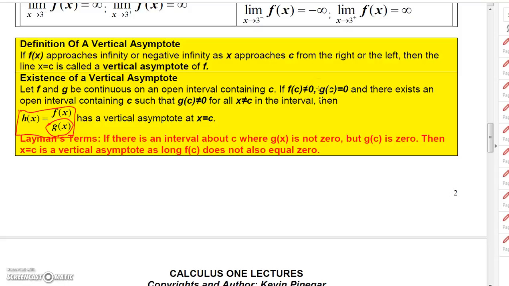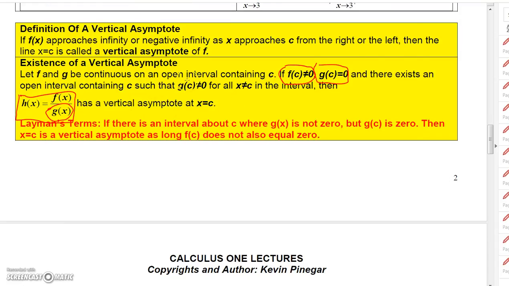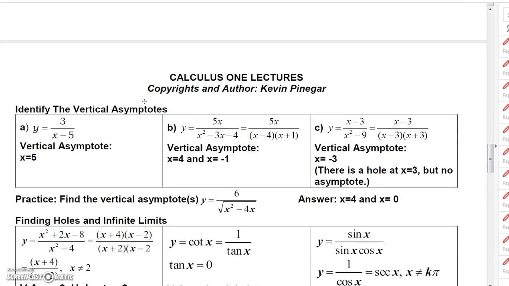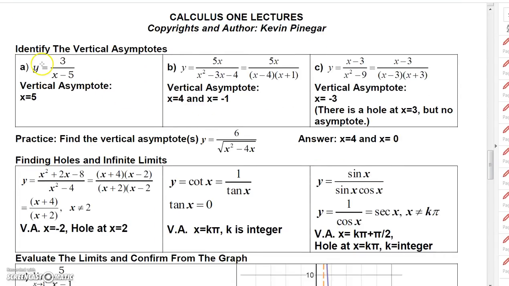So basically, if you have a number that makes the function on bottom 0, as long as it doesn't also make the top expression 0, then we're going to have a vertical asymptote at that number that makes the denominator 0. You can read my layman's terms there, but it's pretty simple to find vertical asymptotes.